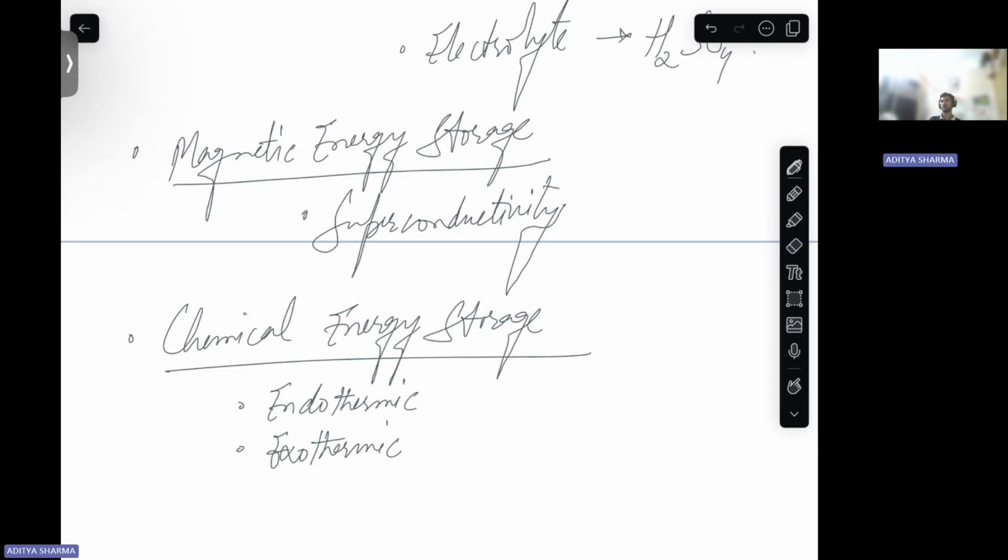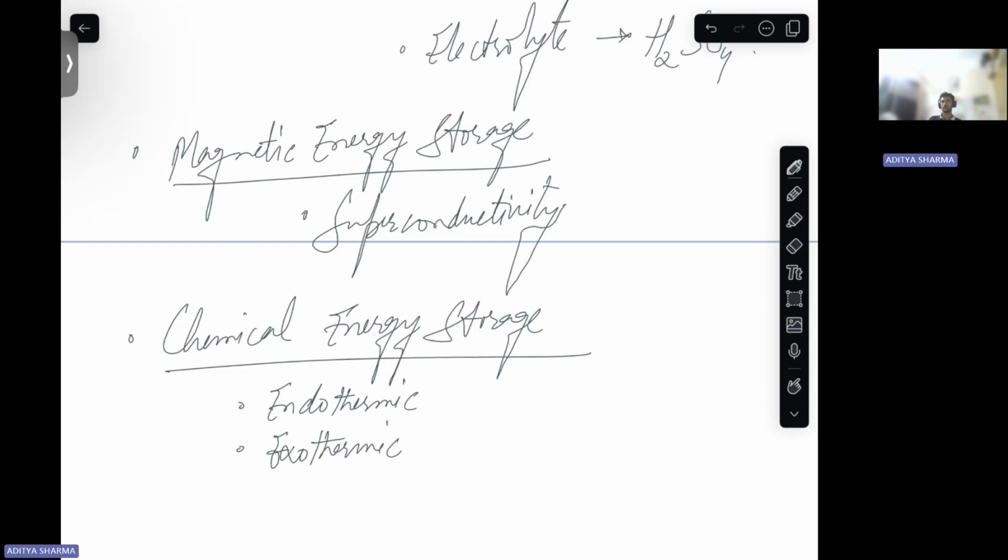Endothermic reaction is one where, to make the reaction possible, you use heat with the reactants of the reaction. And in your exothermic reaction, when the reaction takes place, it releases heat or energy. Okay. So in endothermic reaction, you give heat.